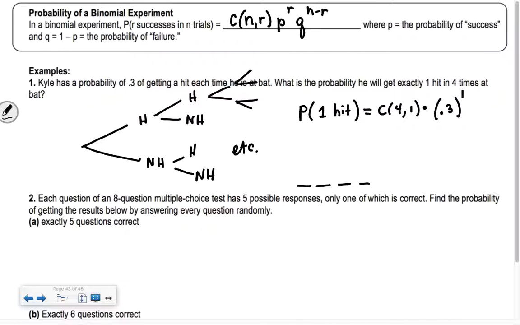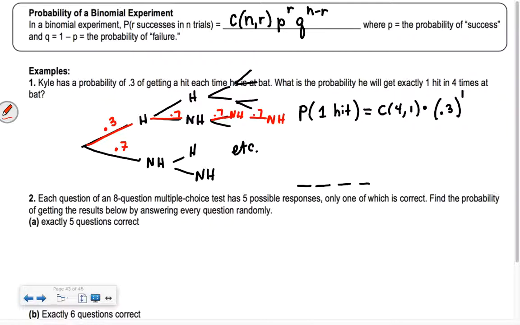And how many times do I have 0.3? 1 time. So what this is saying is on this table I have 0.3, and then my probability of not getting a hit is what number? 0.7. It's the rest of the probability. So it means if I took this route where I did, oops, I guess I want no hit, right? Because I want 1. So if I took the route where I had 3 no hits, I have 0.7 listed 3 times, and I have 0.3 listed 1 time.